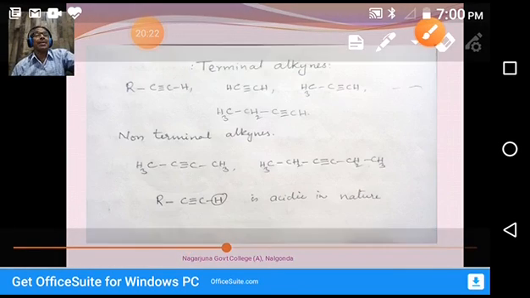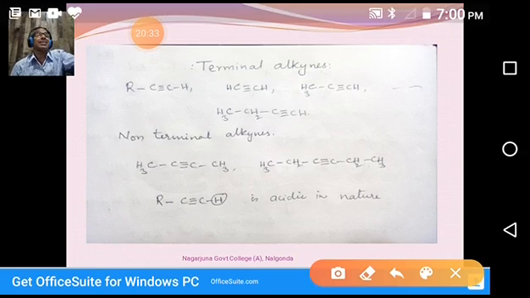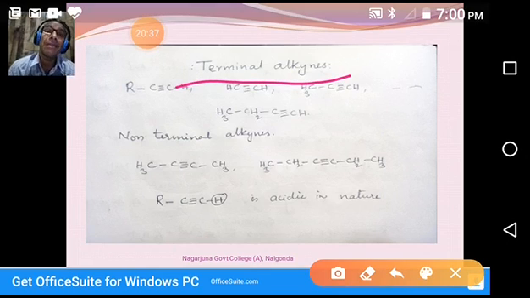Next slide. In our lecture we are going to discuss one more term, terminal alkynes. We know what alkynes are. Alkynes are hydrocarbons having a carbon-carbon triple bond.